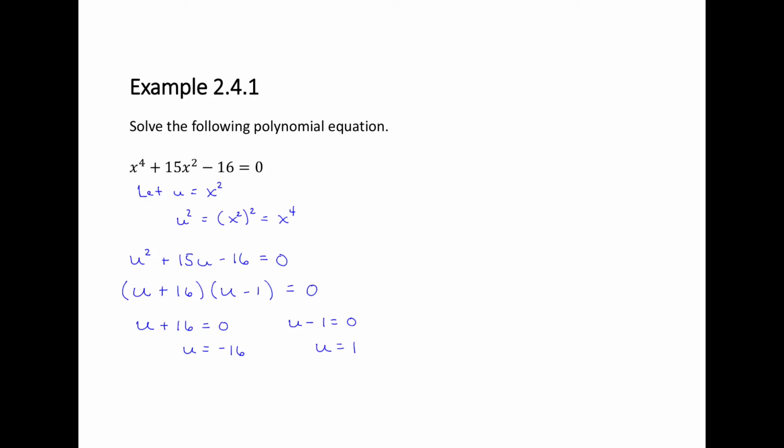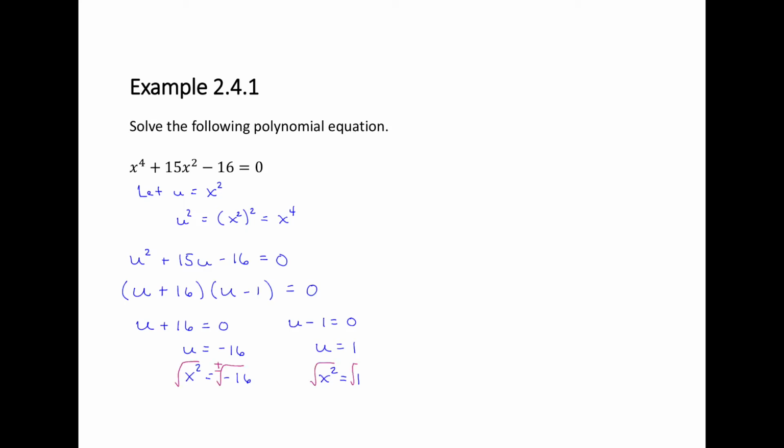Well, we've solved for u, but the original problem was in terms of x, so we need to back substitute and replace the u's with x squareds. And to solve for x, we will take the square root of both sides.